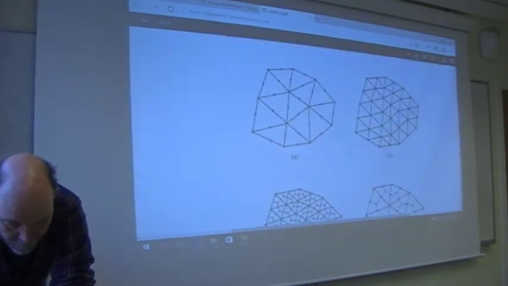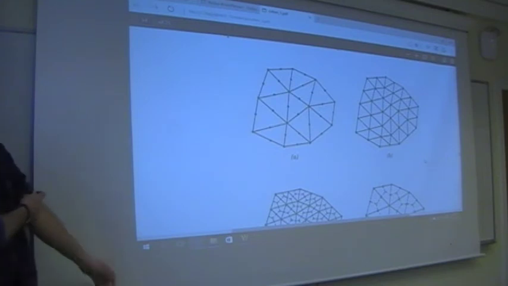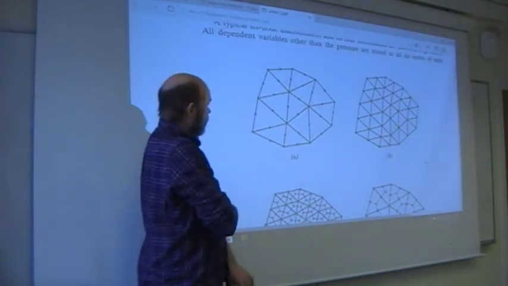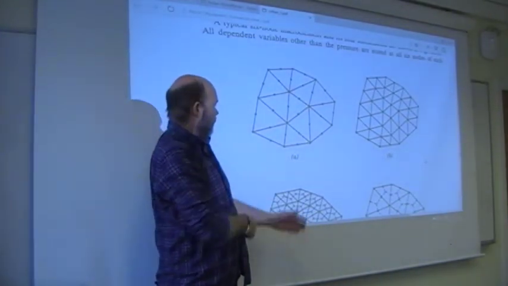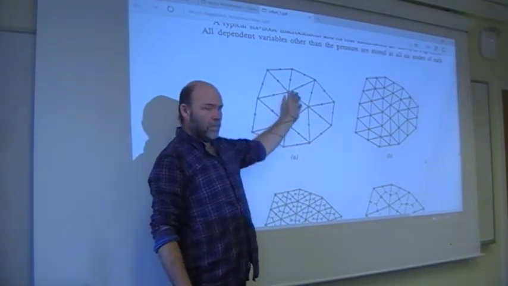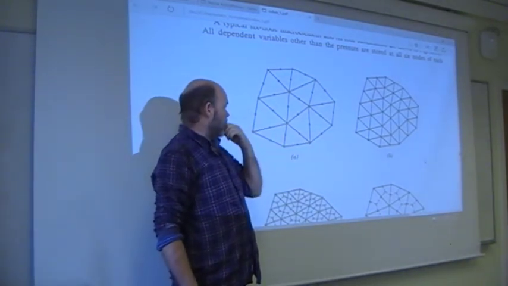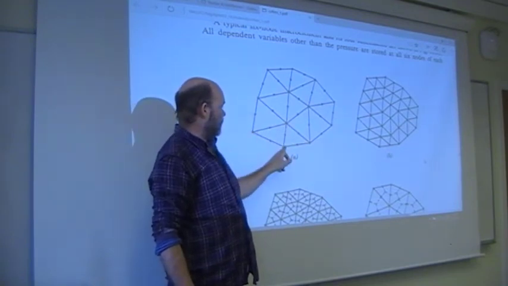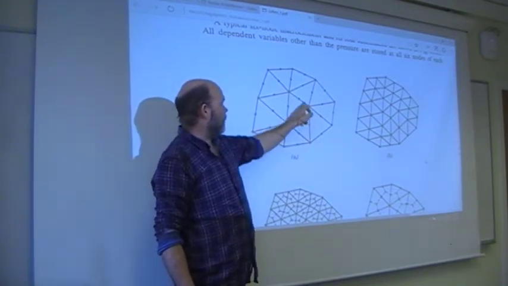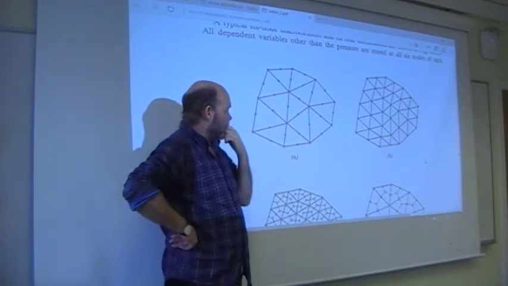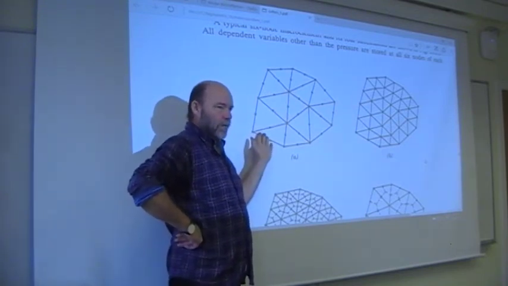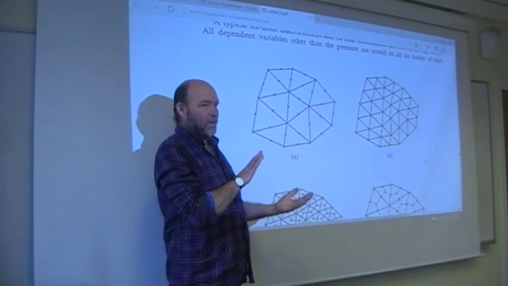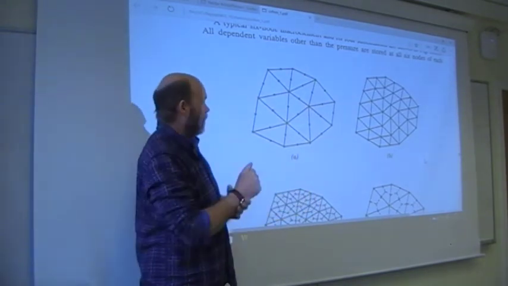So the philosophy will be quite simple. You look at your mesh system and say, okay, I have the pressure and the velocities in the corners. Start there. But then, if you only do this, you will have this checkerboard pattern pressure solution.